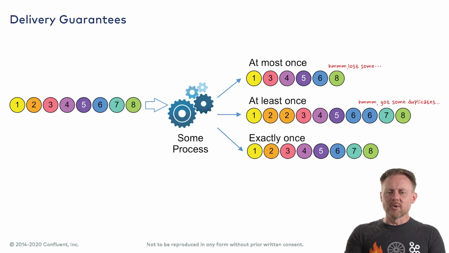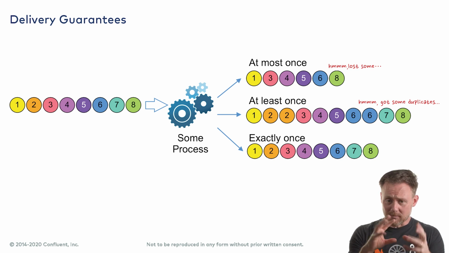Those delivery guarantees correspond in name, although not comprehensively, to the basic at most, at least, exactly once paradigm. So look at the skittles coming into the gears there. The skittles on the left, those little circles with the numbers in them. And I hope they don't get ground up into gears because skittles taste good. It would be better to eat them.